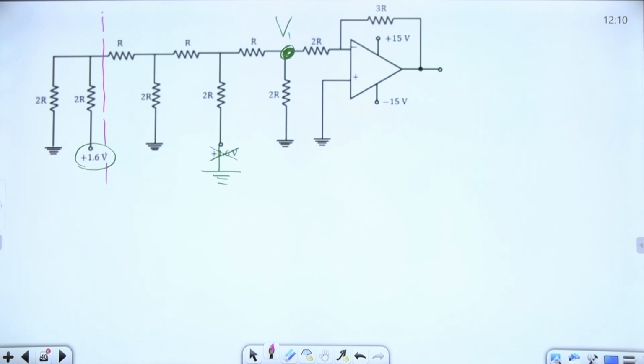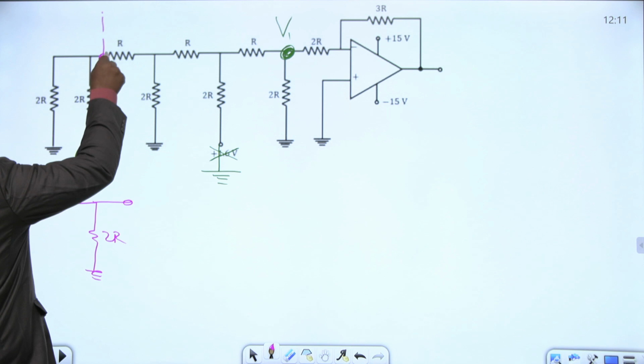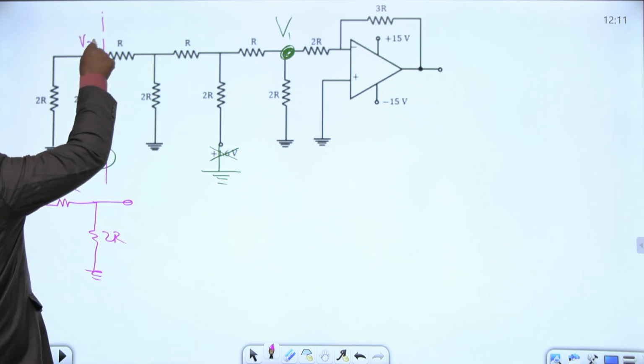It has 2R, we are giving 1.6, and this is another 2R, grounded. For this 2R we are applying 1.6 volts. Got the point? Let us find this voltage Vx1.